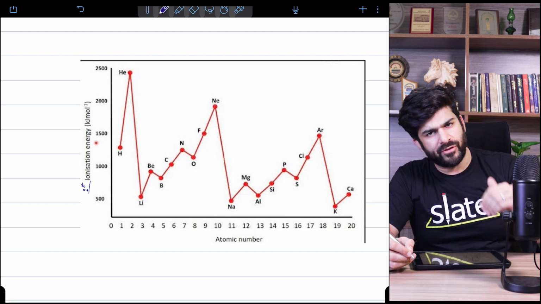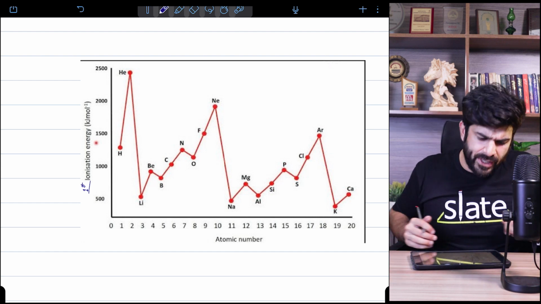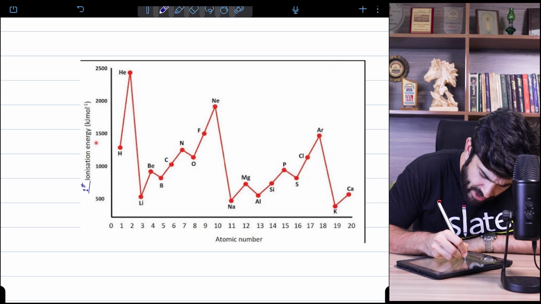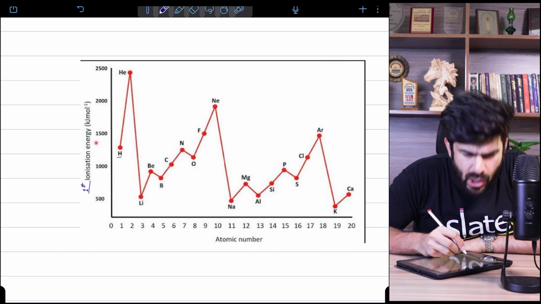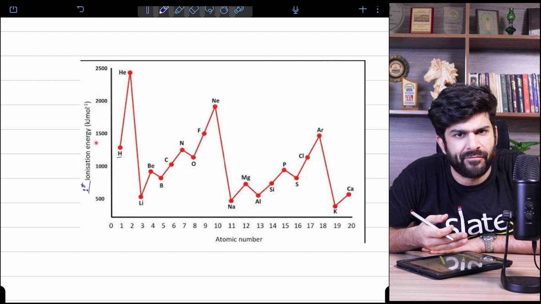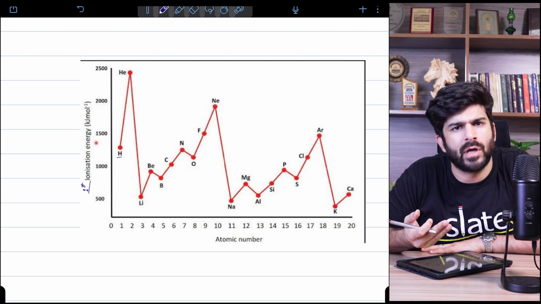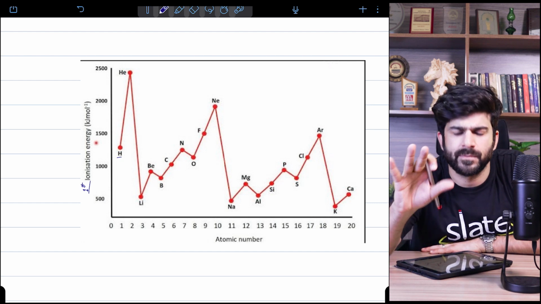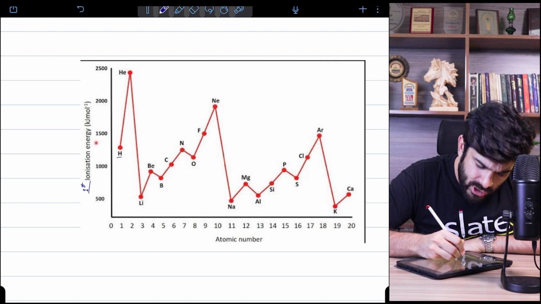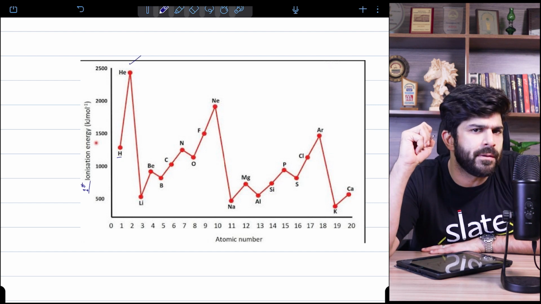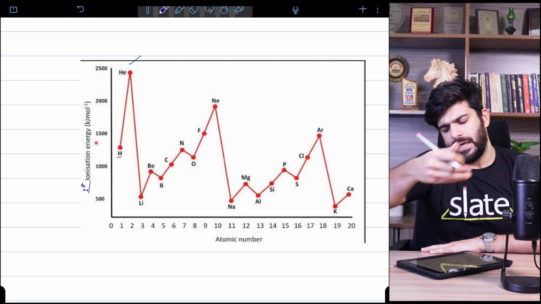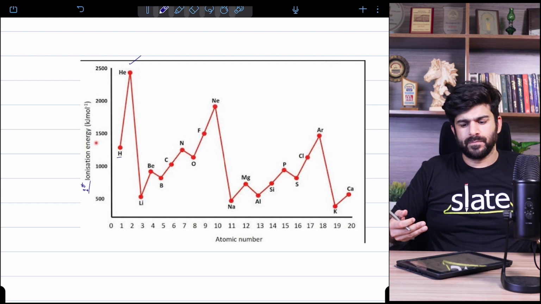And look at the graph and the trend. What is happening here? Initially, we have hydrogen. That's the first ionization energy of hydrogen. You don't need to memorize the values; if it falls in 1000, it falls in 2000, we don't need to memorize that. But from hydrogen, there is a huge jump for the first ionization energy of helium. Then down we go, obviously lithium.